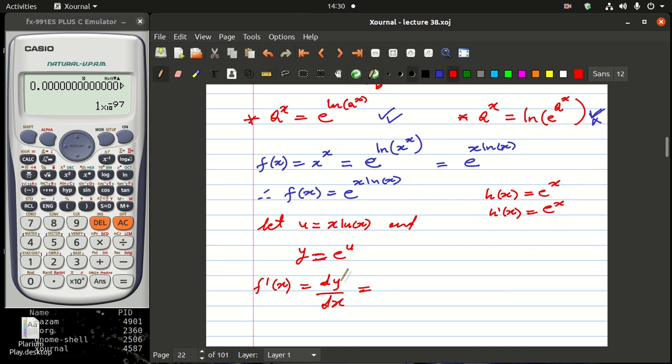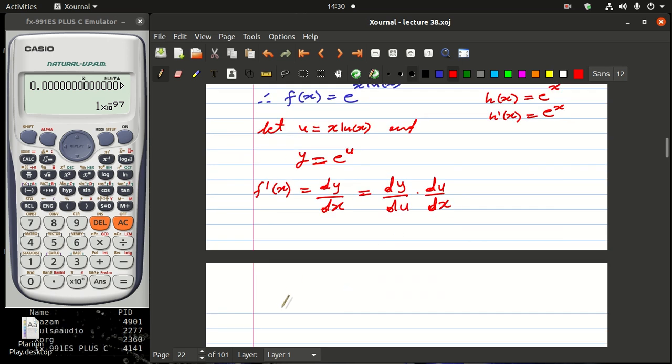Now my y is not written in terms of x, it is in terms of u. So this is supposed to be dy du. But du was not part of this. That is why I have to take the derivative of u with respect to x now.